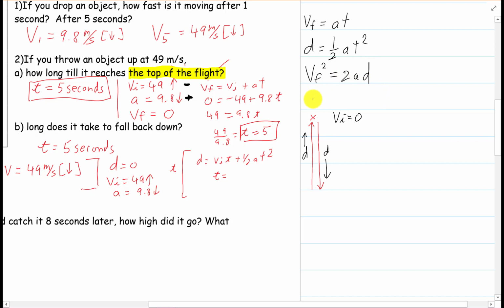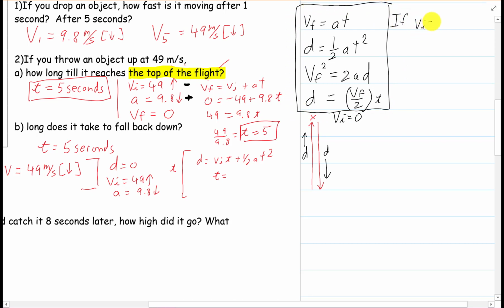And the last one is D equals VF over 2 times time. These are the four formulas if VI equals 0. They're a lot easier to work with, and so this is my favorite version right there.